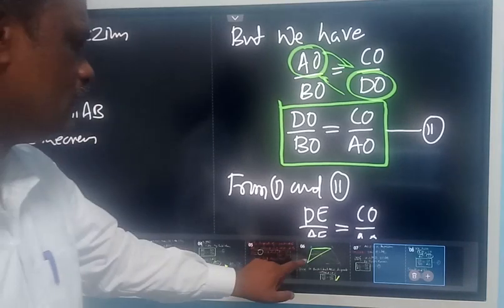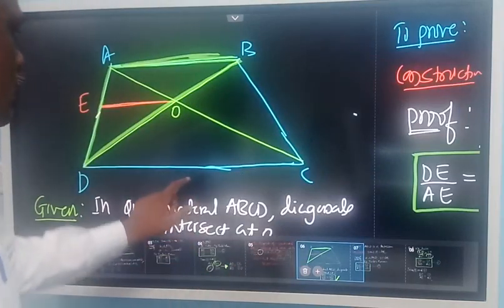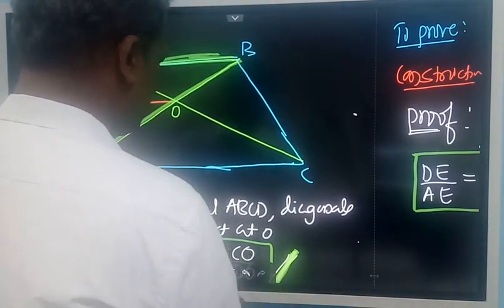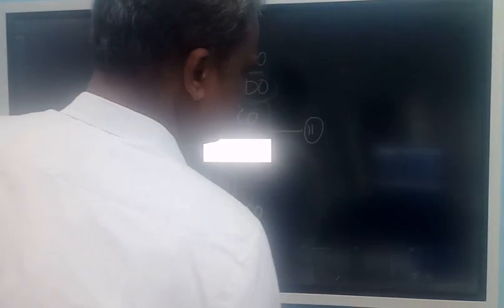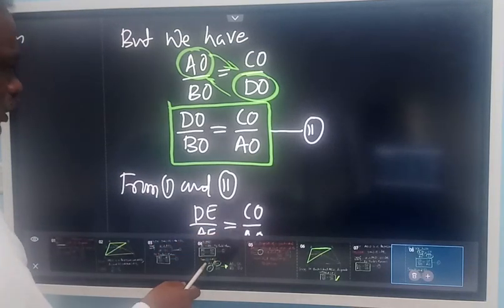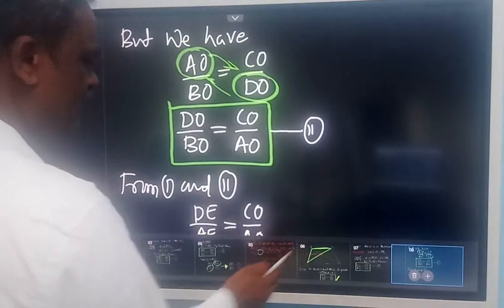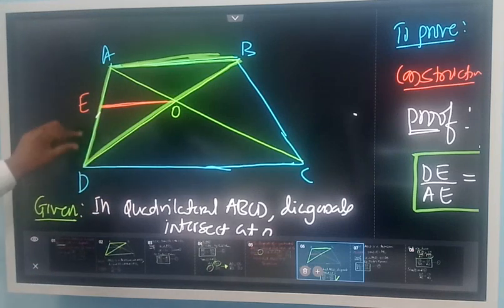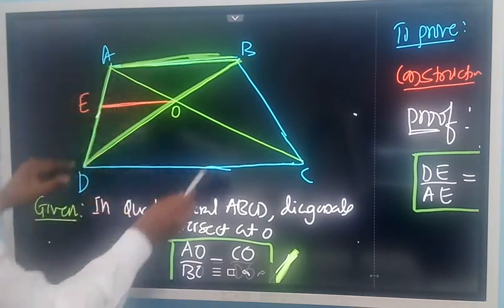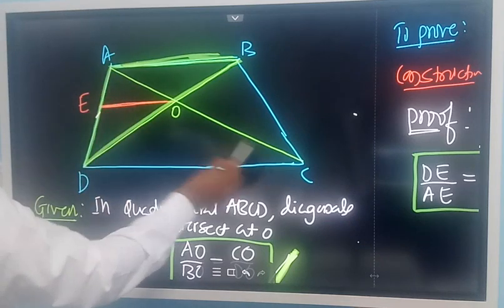What have we proved there? DE by AE is equal to CO by AO.